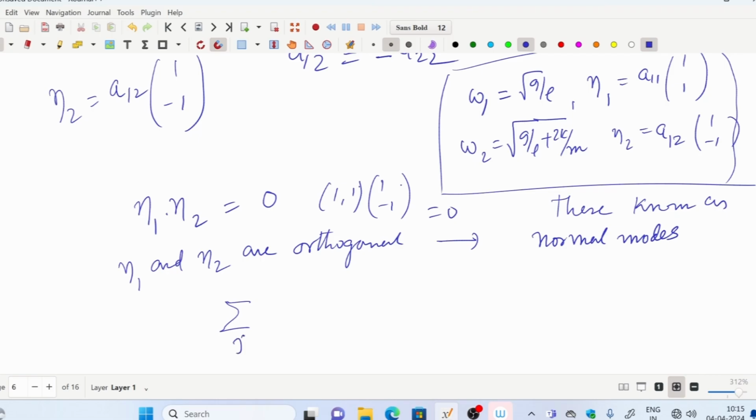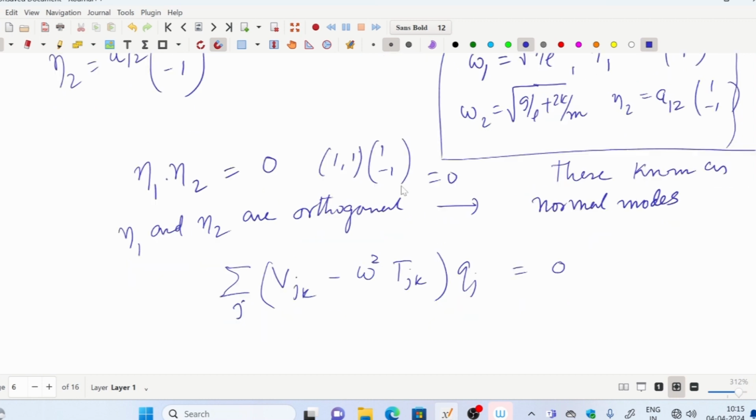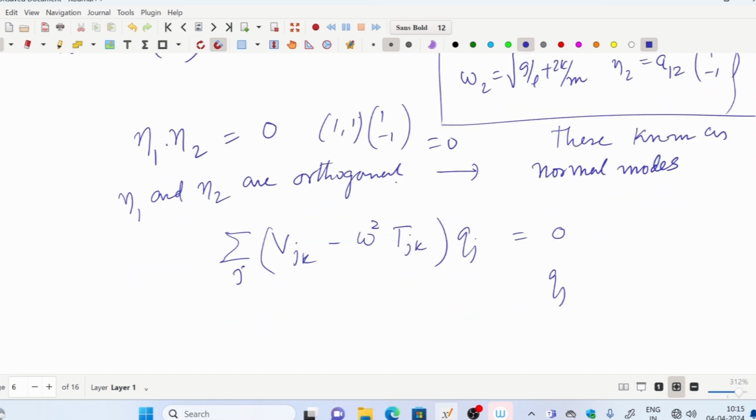Let me recall that V j k minus omega square T j k q j equal to 0, and your q j, you remember q j was a j e to the power i omega t plus minus delta j. So this was the solution.